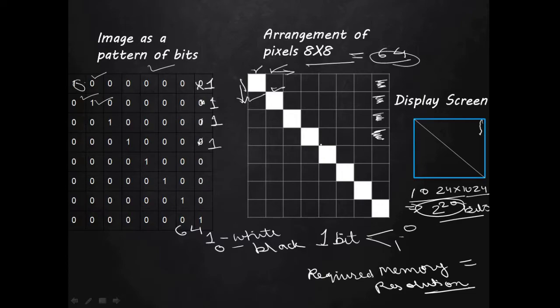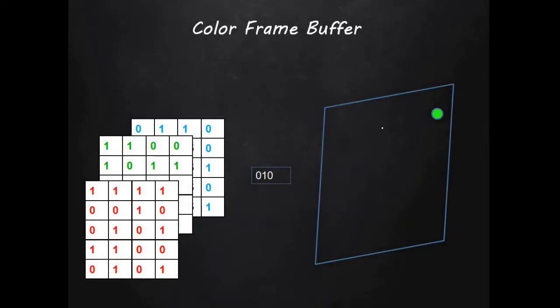Here we have displayed only white pixels, now we must know which pixel is of which color, like this pixel is red, this is green, this is blue, this is yellow. So how do we store this information? We move to the next concept, which is the colored frame buffer.